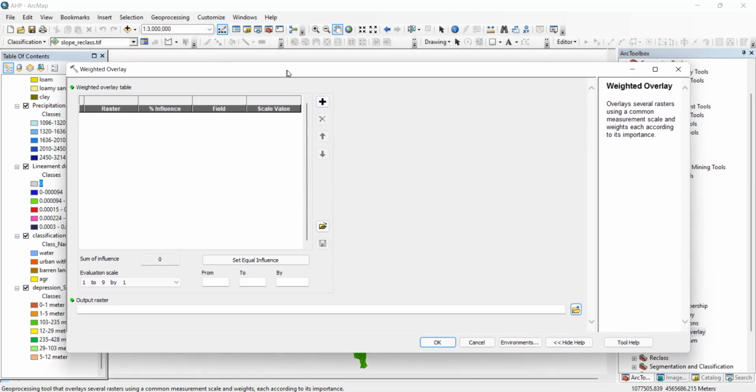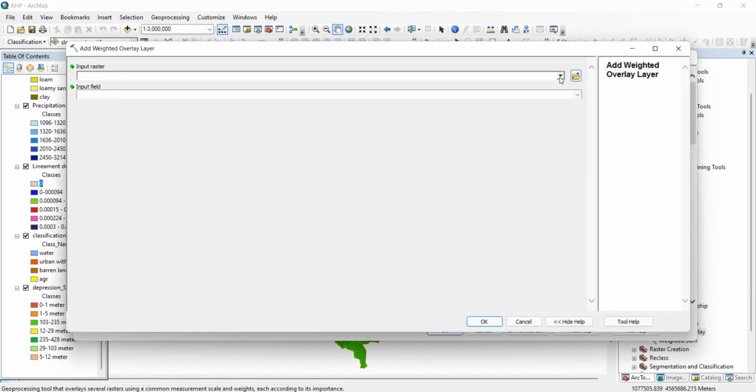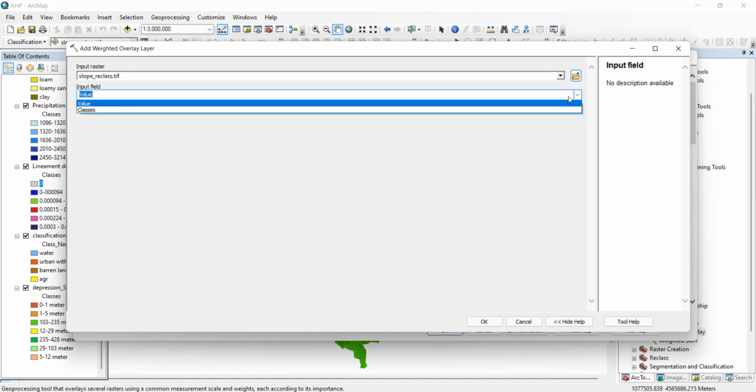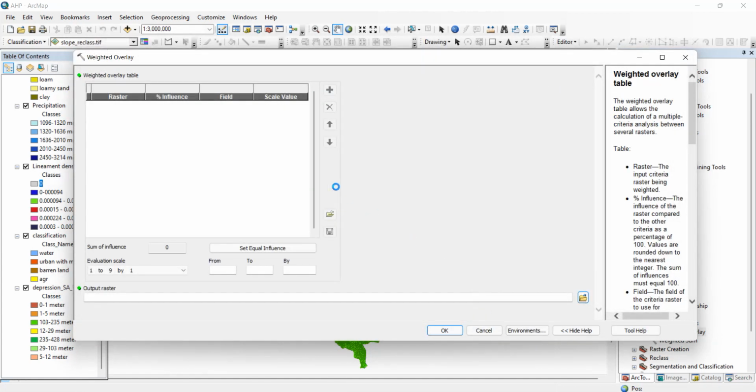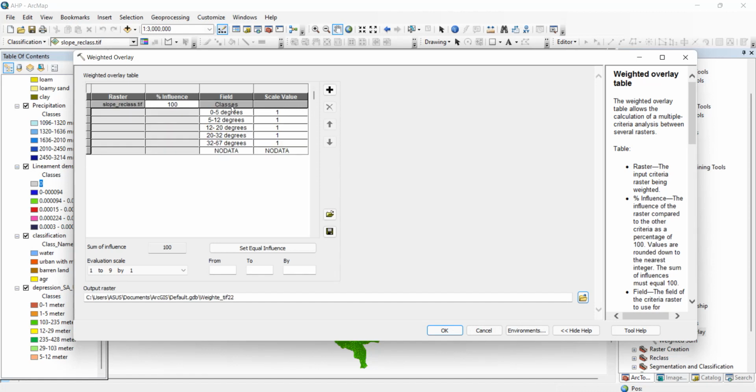Let's start to add all our thematic layers one by one. Slope reclass, and please choose as the input field the classes attribute that we created deliberately in order to facilitate our work during the weighted overlay, where I wrote each class with text. You can see that the classes are from 0 to 5.